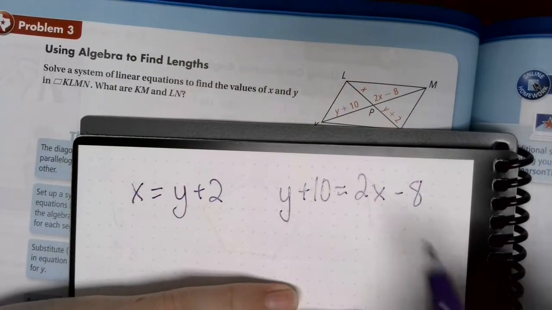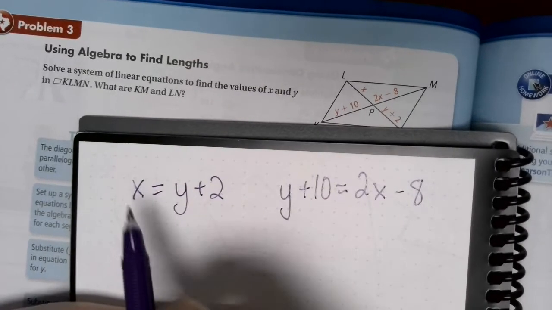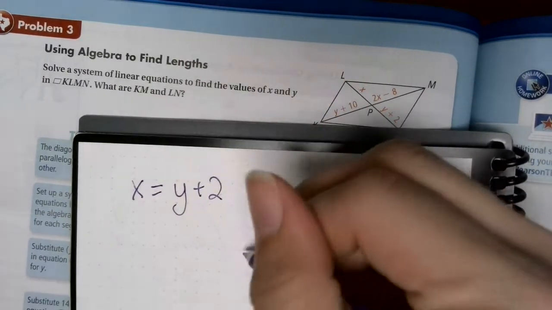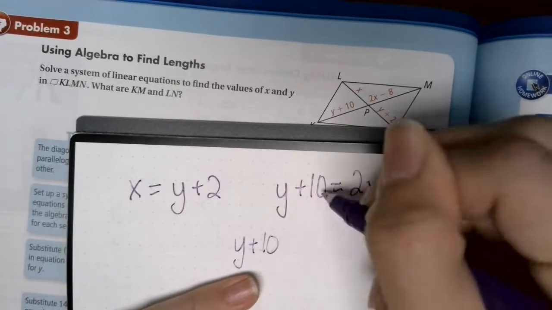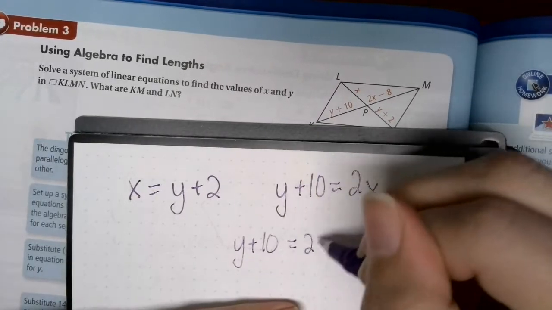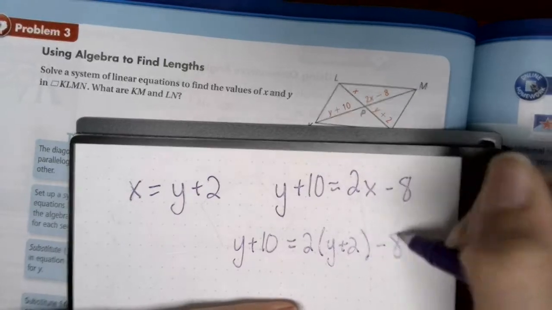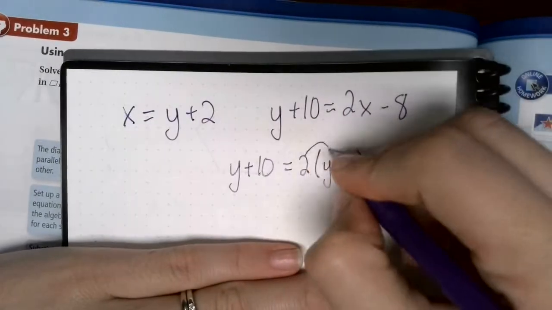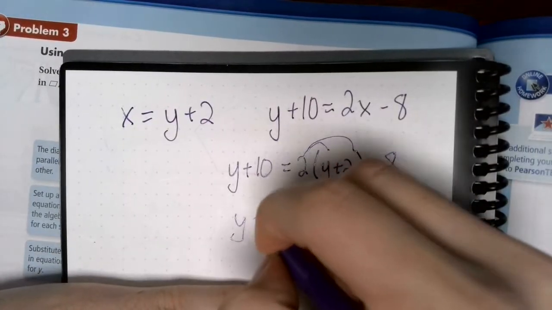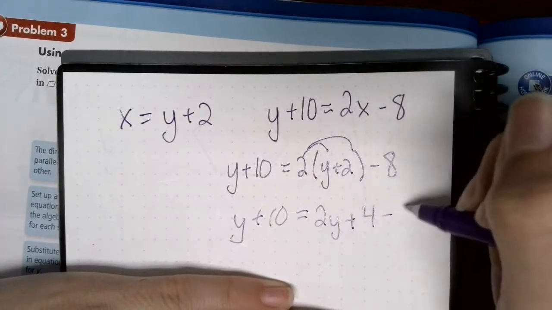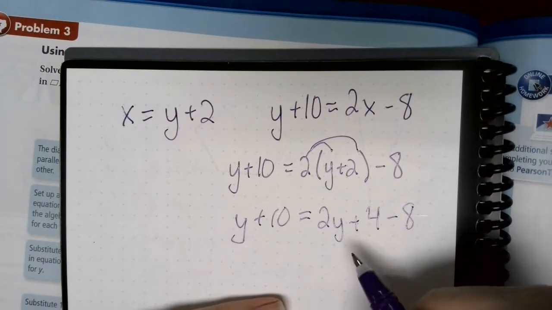Well, if you remember from Algebra 1, the substitution method, if I know x equals y plus 2, I can replace x with y plus 2. So I'm going to rewrite this, but instead of writing x, I'm going to put in parentheses y plus 2 minus 8. And then I can distribute: y plus 10 equals 2y plus 4 minus 8. Now we're just going to combine like terms.